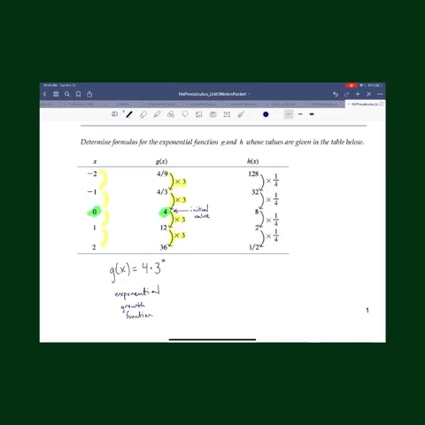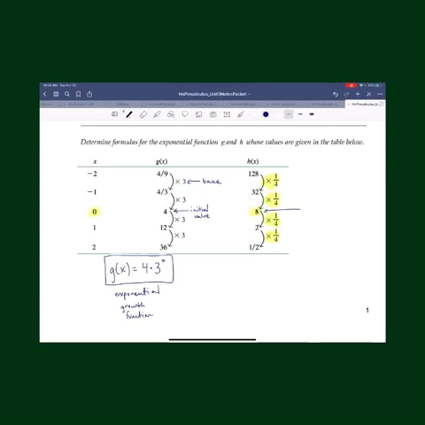Let's do the same thing for h. I'm going to label this the base. Okay, so the initial value of h is 8 because that's the value when x is 0. And we see that every time x increases by 1, we multiply by a fourth.